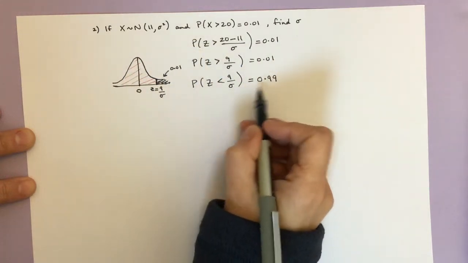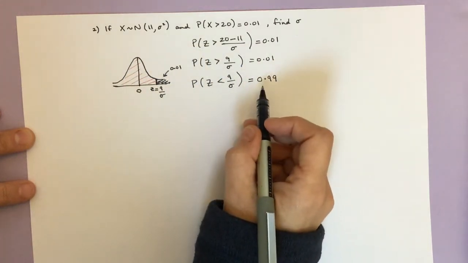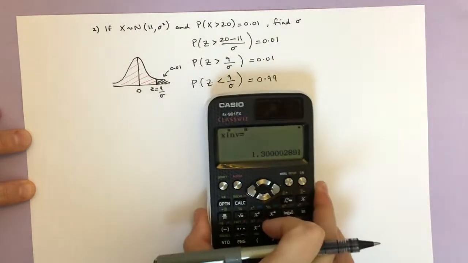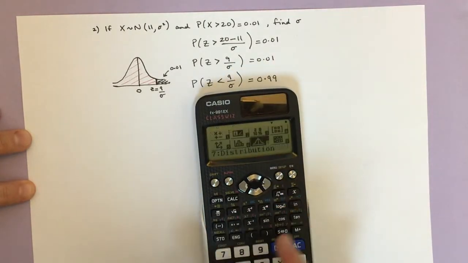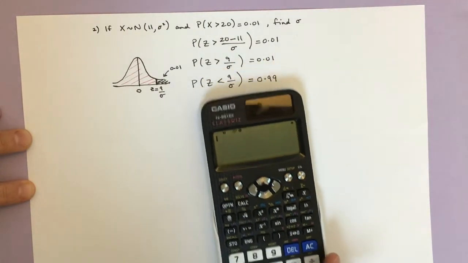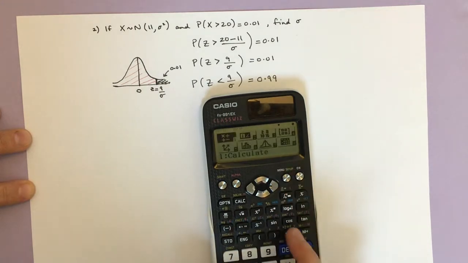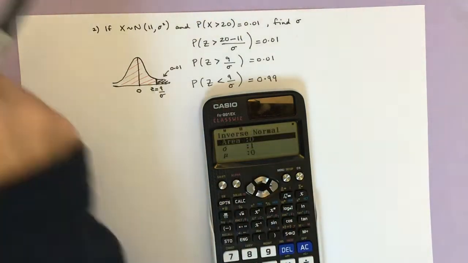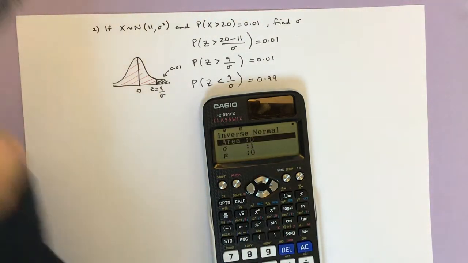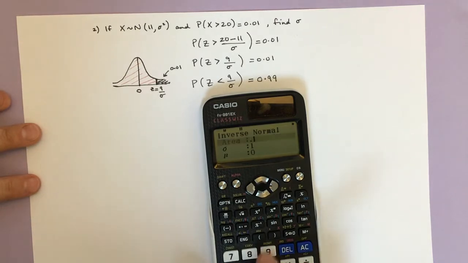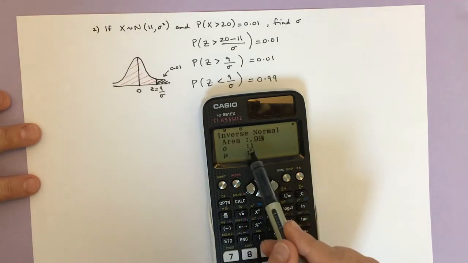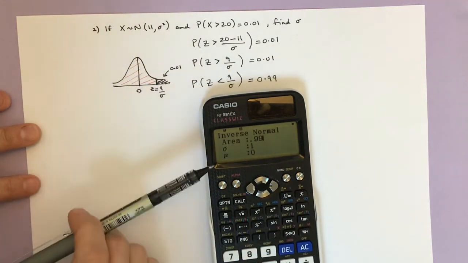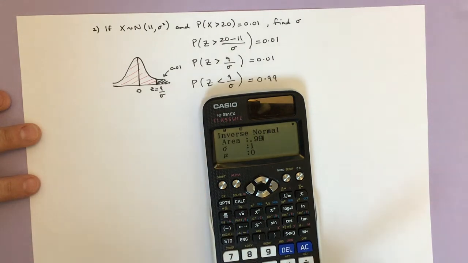So again, now what we're going to do, we're going to look this up on our calculators. We're going to get our normal distribution. We're going for inverse normal because we know the probability. We want to go back to the actual value. And in this case, the area is 0.99. Standard deviation 1 because it's a standard normal. Mu is 0. Let's scroll through that.